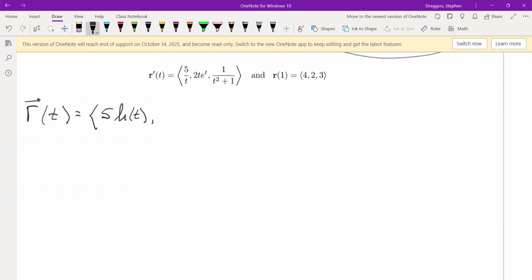So this bit over here, 2 times t minus 1 e to the t. We got close. And we just did this derivative earlier. If I want the integral of 1 over t squared plus 1, that's arctangent of t.